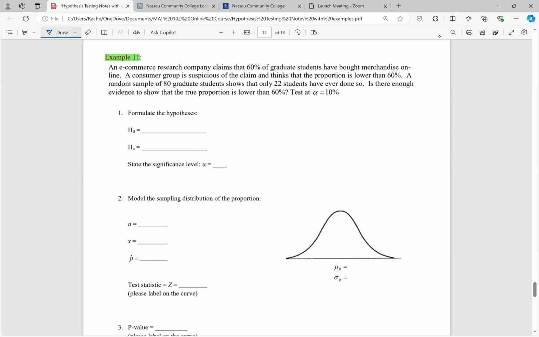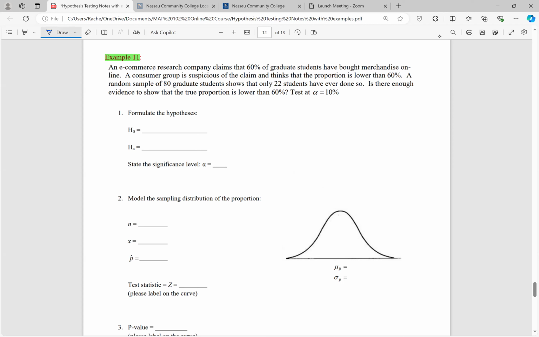So I'm asking you to conduct a hypothesis test on the proportion, right? That's the parameter that we're testing in this case. We're investigating a population of graduate students, and we're interested in the proportion that have bought merchandise online.